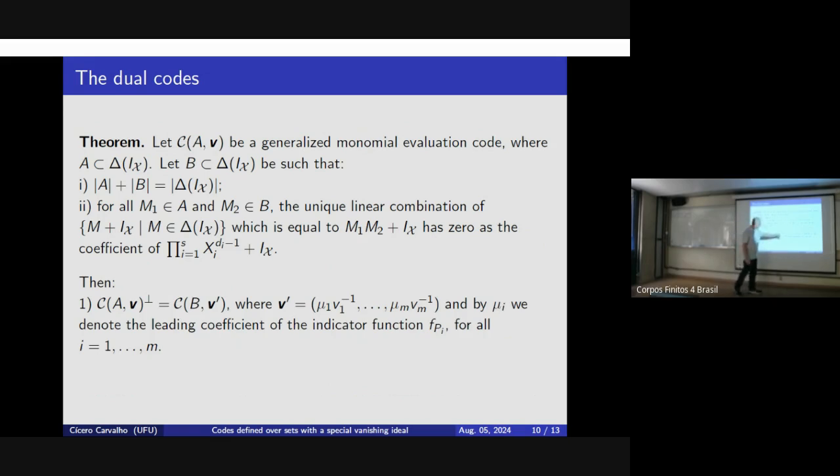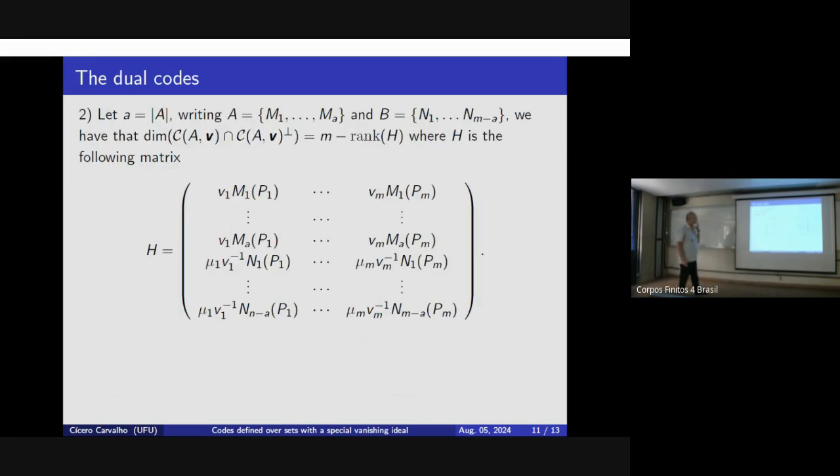And we know exactly who this V prime is. It's this n-tuple of elements of F_q, which appears from the leading coefficients of the indicator function. And we also have a result about the intersection of these codes, the hull, and we have this resulting dimension of the hull.